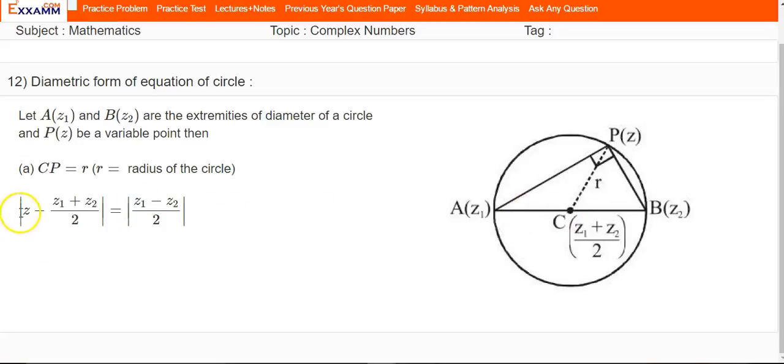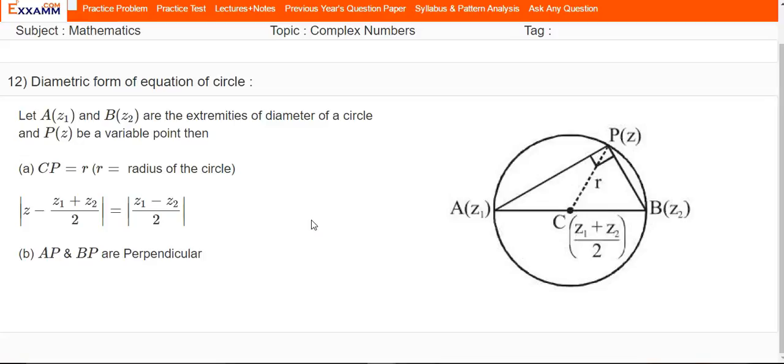So what do we get? Modulus of CP is equal to half of AB. Putting these values in, what do we get? Modulus of z minus (z1 plus z2) upon 2, that is P minus C, the coordinates of P, that is z minus this, modulus is equal to modulus of (z1 minus z2) divided by 2, because z1 minus z2 is the diameter here.